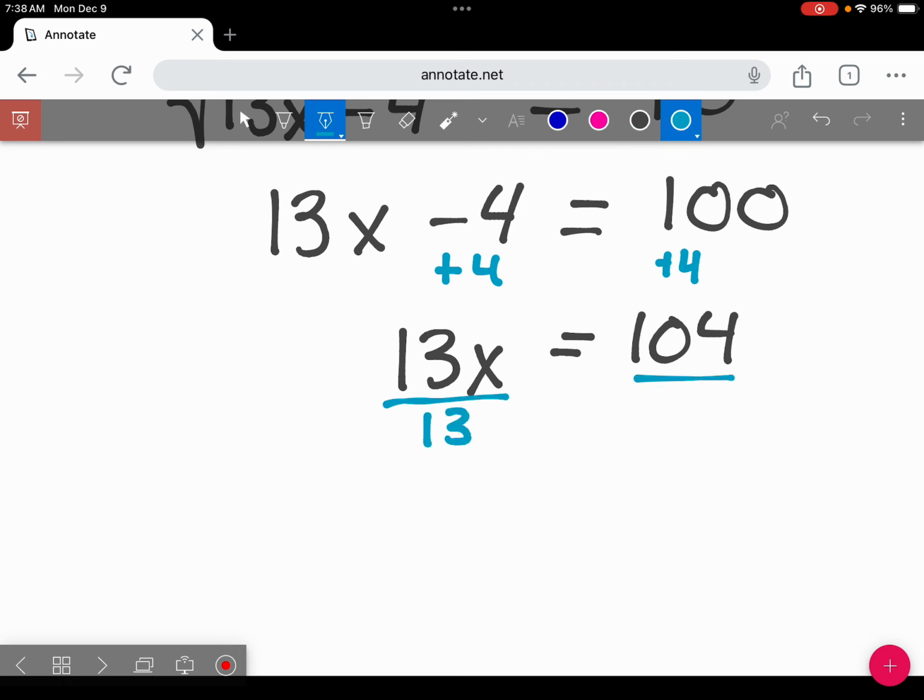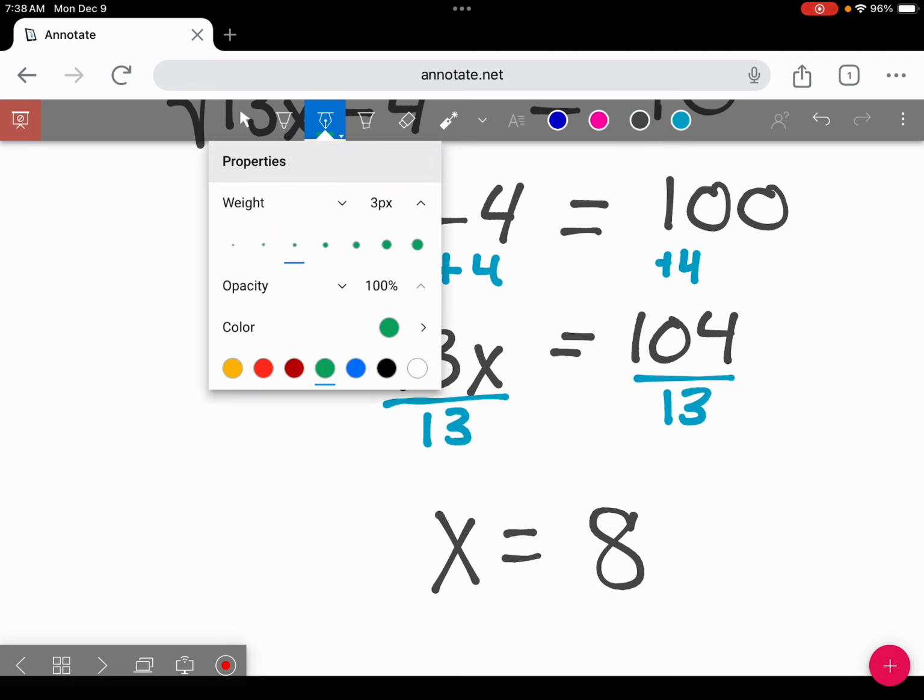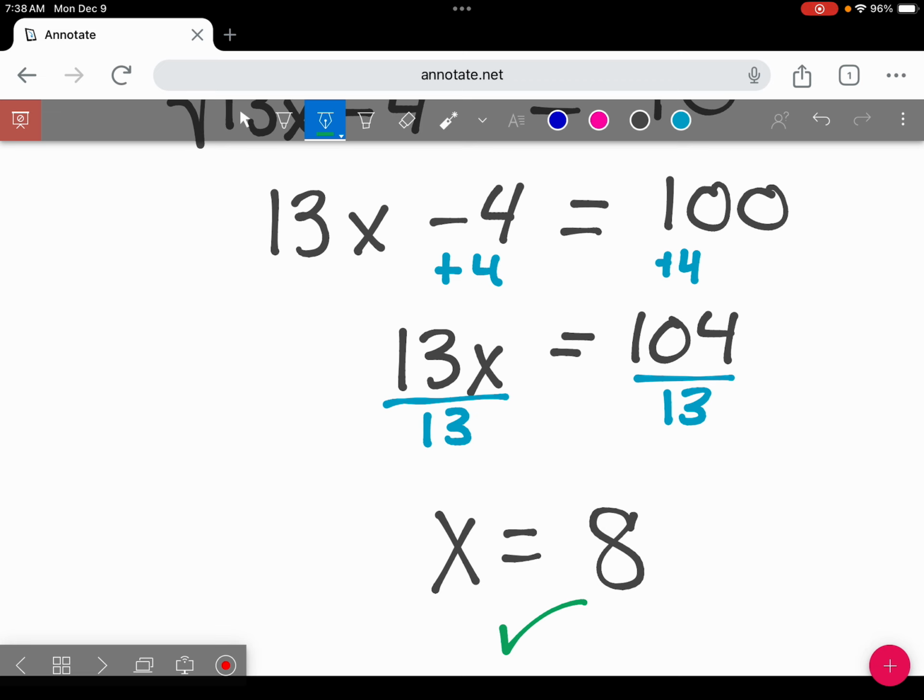So our x equals 8, which still gives us a positive value inside our radical.